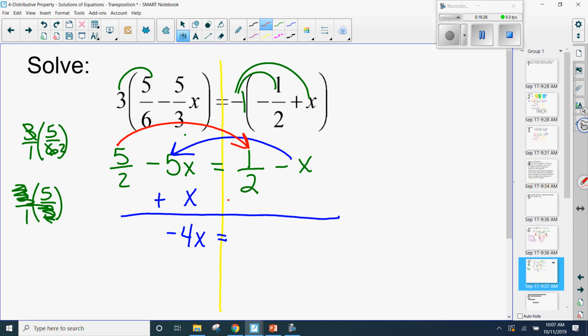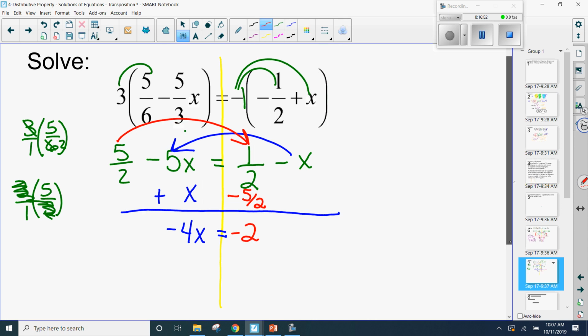So it becomes -5 halves, right? You change the sign. What is +1 and -5? Who wins? Negative by 4. They have that common denominator. What's -4 halves the same thing as? -2 over 1. So this is the same thing as -2.